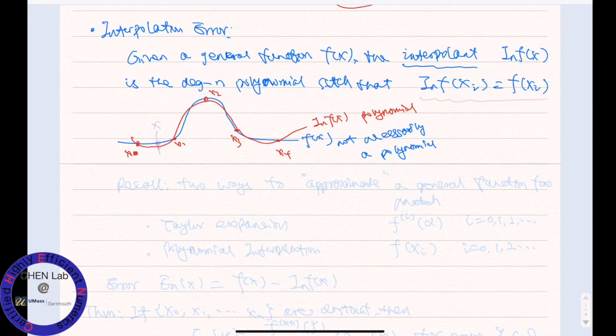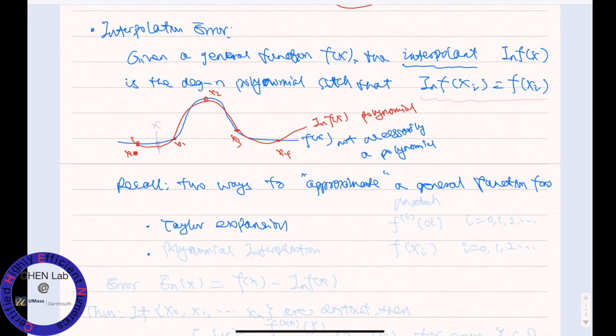So again, as I just said, maybe I should write it down. Basically, two ways to approximate a general function f. One is Taylor expansion.